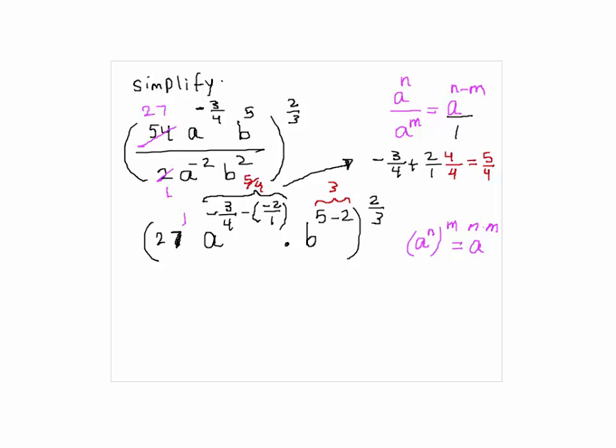So the exponent here is 1. So here we have 27 to the power of 2/3, a to the power of 5/4 times 2/3, b to the power of 3 over 1 times 2/3, and we start reducing these.